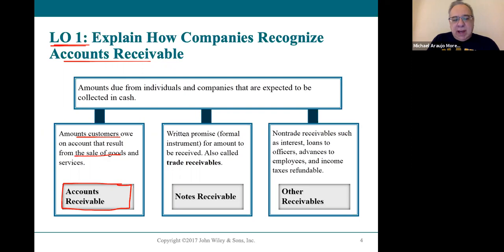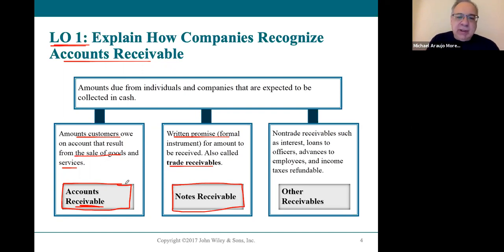The other thing that you'll be introduced to a little bit more is the notes receivable. They're also called trade receivables because they're often created from accounts receivable. So remember, with accounts receivable, you're waiting to receive the money in 30 days from a business client. However, sometimes they need more than 30 days to pay. And so what businesses do is they'll say, look, I'm willing to give you 60 days, 90 days, 120 days.